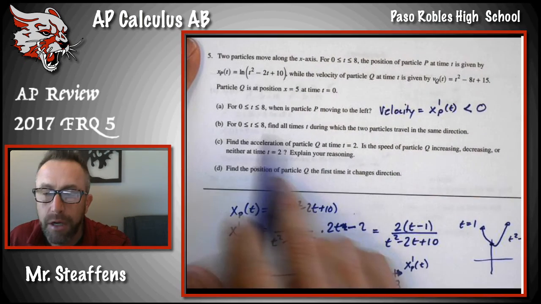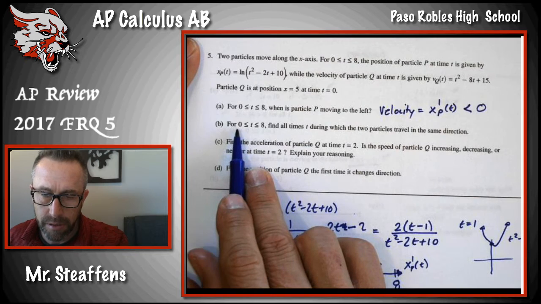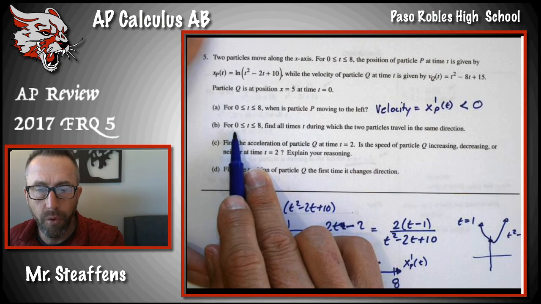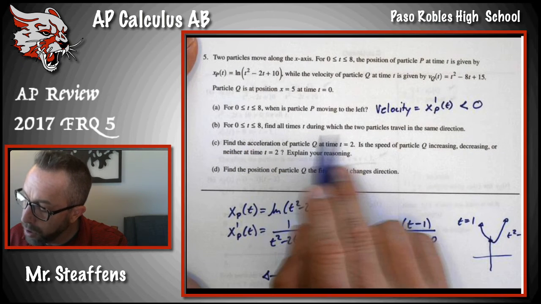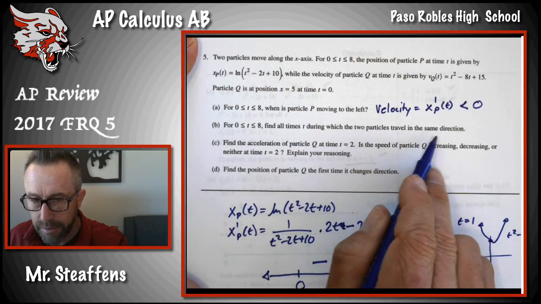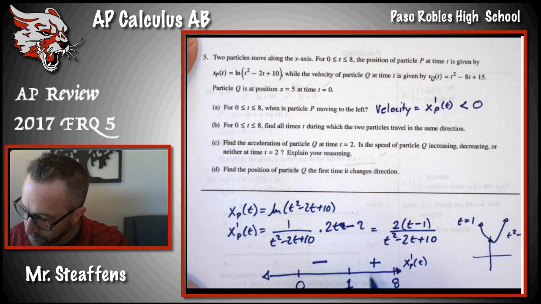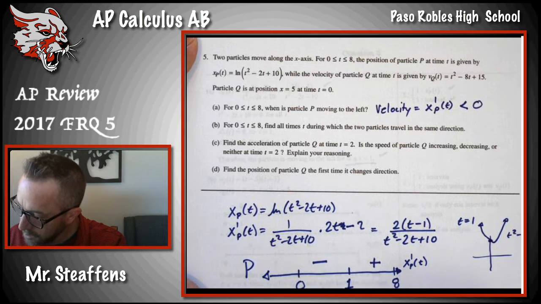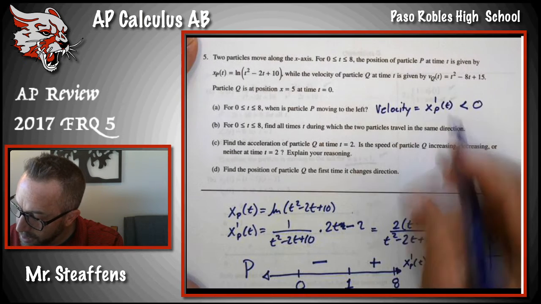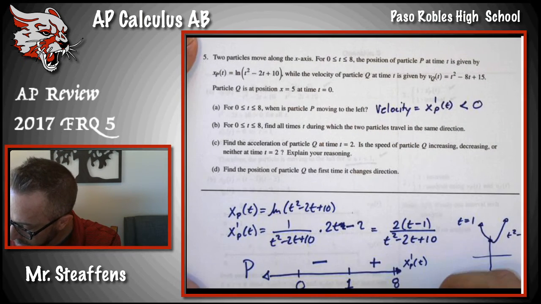Okay? So part B. Part B is a little bit more straightforward. Part B says, hey, let's do something similar for particle Q, but we're going to figure out when the two particles are moving in the same direction. So I need this graph for particle P, and then for particle Q, I need another graph. But this one's going to be a little easier because it gives me the velocity function.